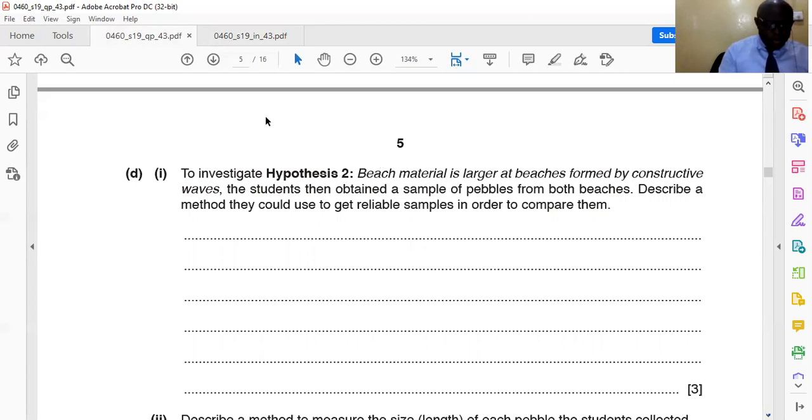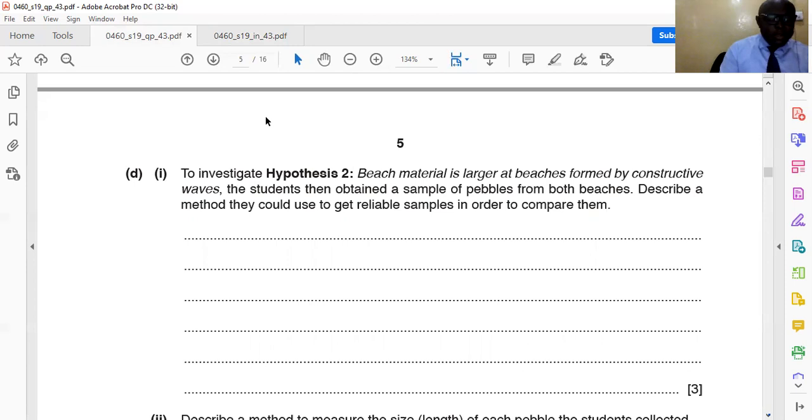So they can measure pebbles along the beach transect line. They can do systematic sampling. They can select pebbles at equal intervals. So basically, this is the sampling they are going to use here, at regular intervals, equal number of paces.